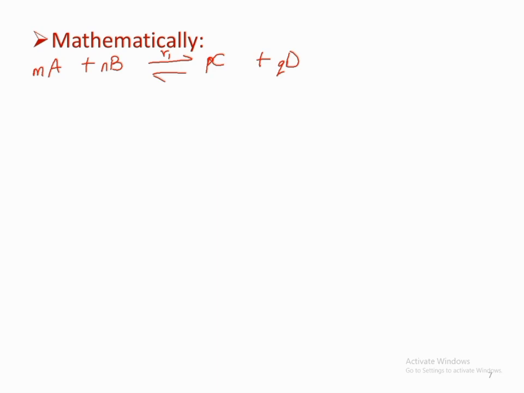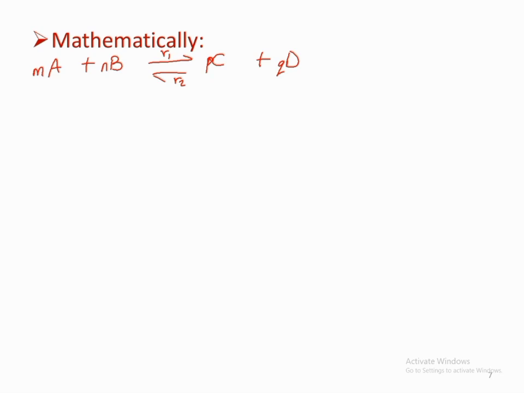Let's say the forward reaction is occurring at a rate, let's label that rate R1, and the backward reaction is occurring at a rate, let's label that R2.